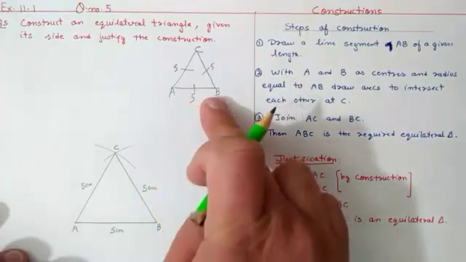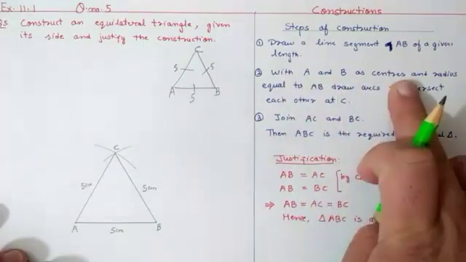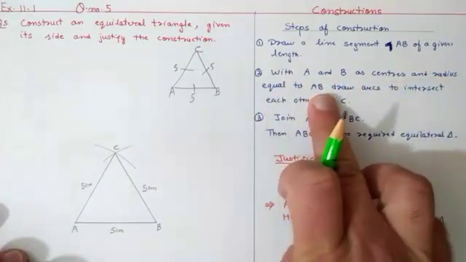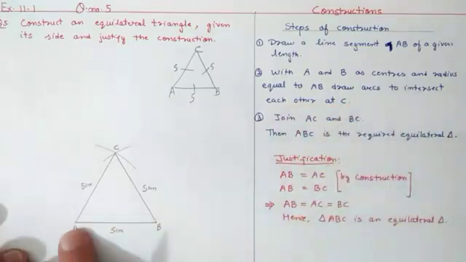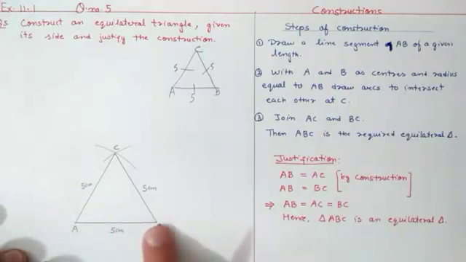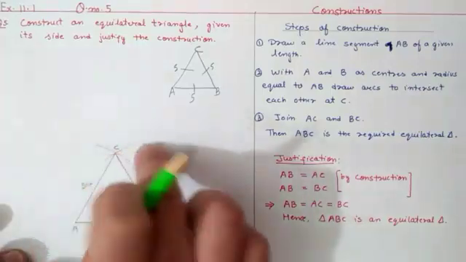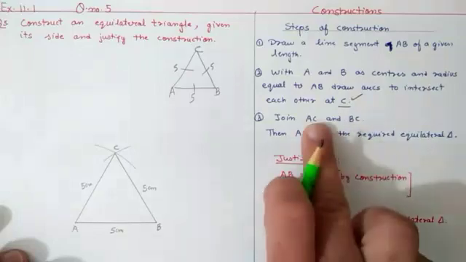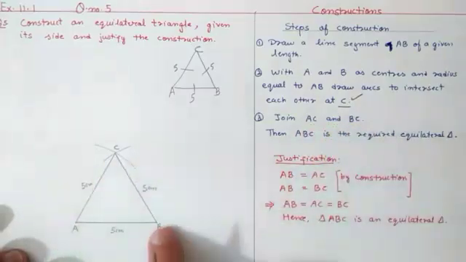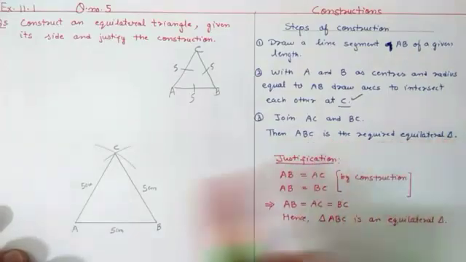Okay, after that, with A and B as center and radius equal to AB, draw arcs to intersect each other at C. Then we joined AC and BC, and we got this triangle ABC as the required equilateral triangle. Okay, so here we end this question.